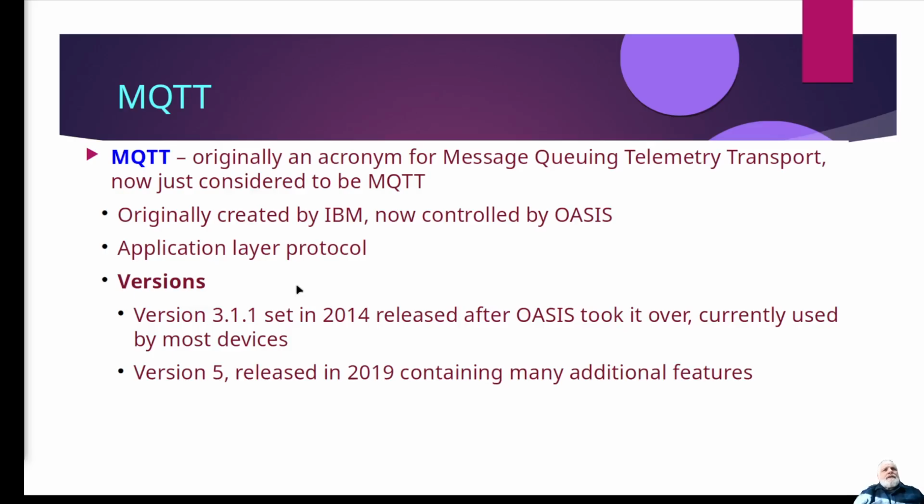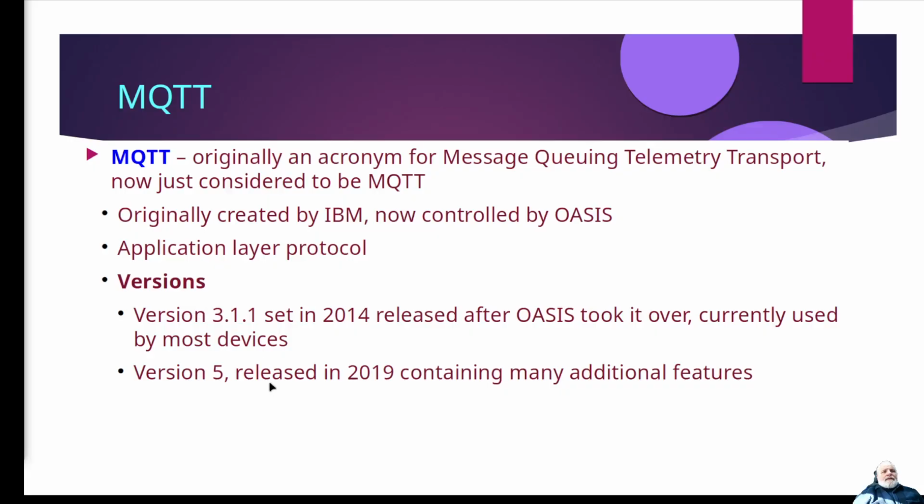Alright, so the last thing I want to talk about is this IoT communication method called MQTT. MQTT stands for Message Queuing Telemetry Transport, and it was originally created by IBM, but now it's controlled by Oasis, which is an independent group.